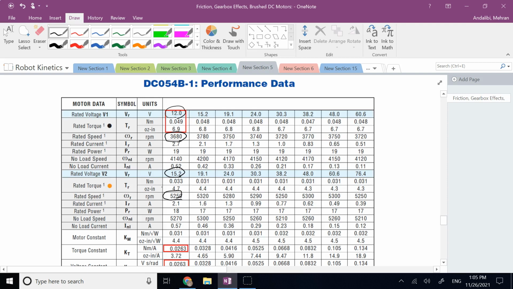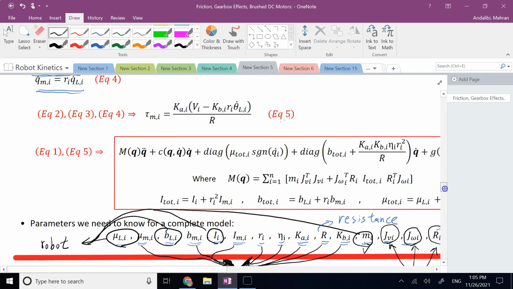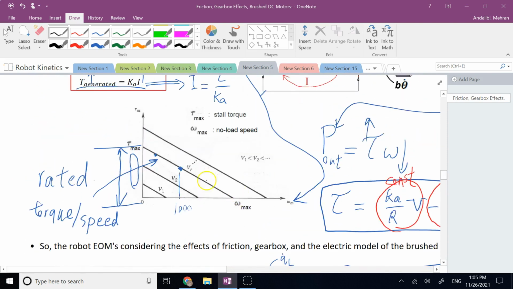Definitely, the bigger the voltage, the bigger the rated speed or no load speed, and you can see that from these curves, right? As you can see, when the voltage is increasing, your omega max is increasing, your omega nominal or rated is increasing, your tau max is increasing, and so on. Because more voltage means more power into the system, so you should expect to get what?